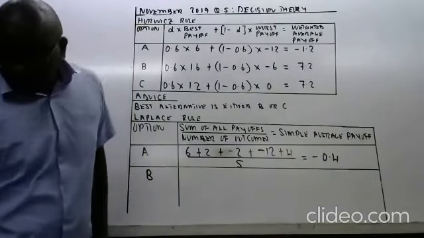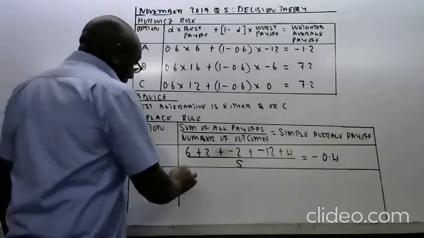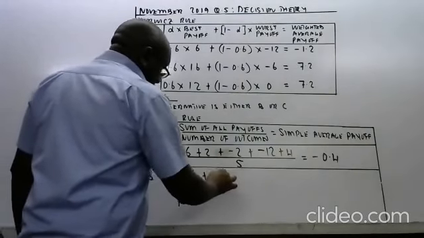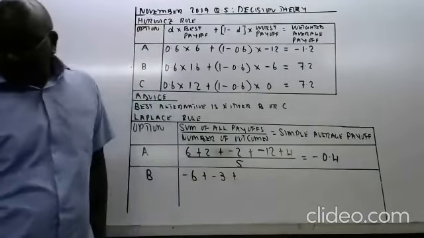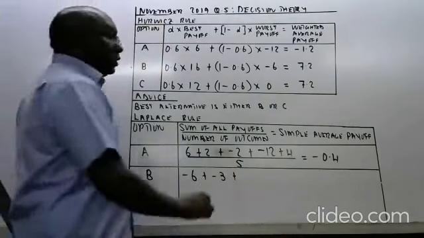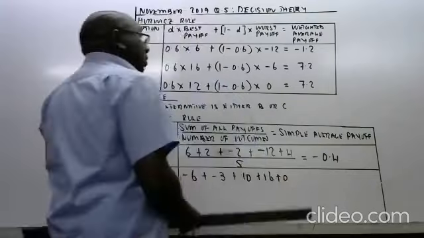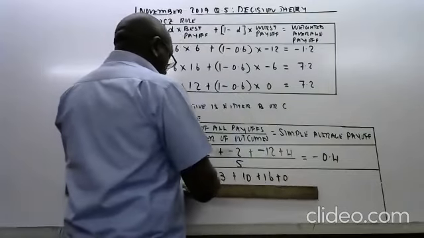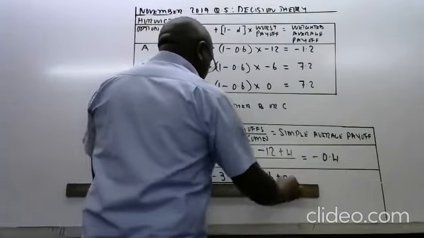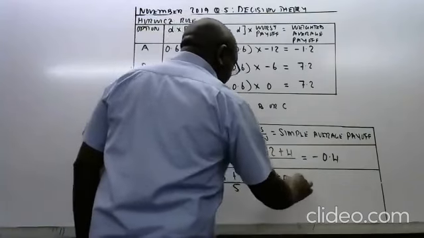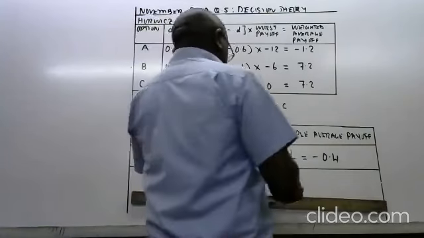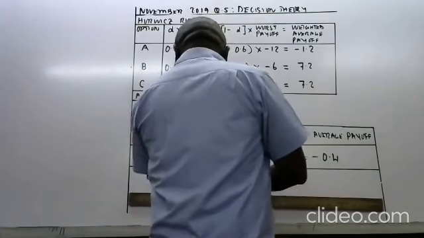Part B, you take minus 6 plus minus 3 plus 10, 16, plus 0. All this you divide by 5.